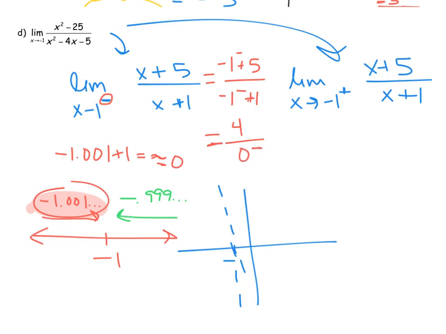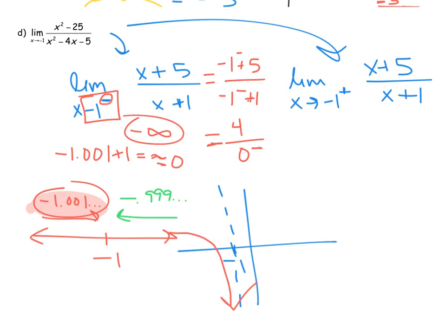So if I have 4 being divided by a negative number that's really close to 0, this is going towards negative infinity. So the limit as x approaches -1 from the left is going towards negative infinity.